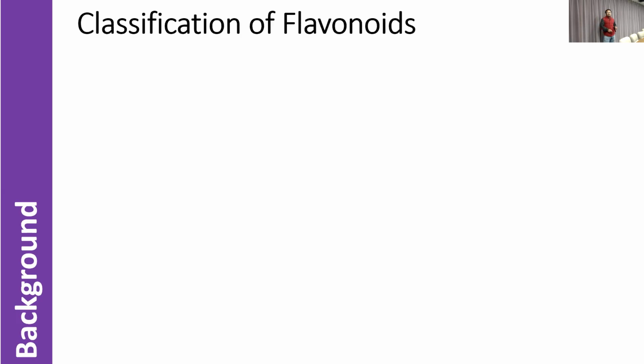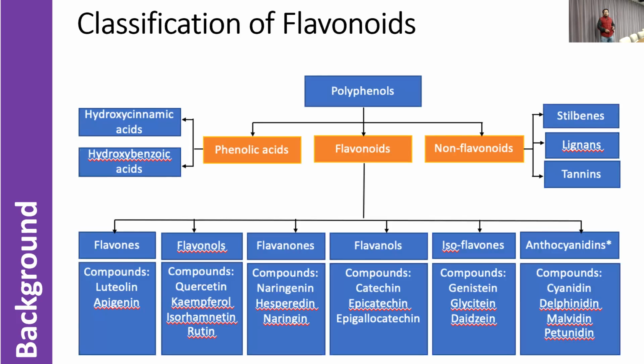Before going to the classification of flavonoids, I would like to start with the polyphenols. The polyphenols are divided into three classes: phenolic acids, flavonoids, and non-flavonoids. Within these three classes, we are just going to concentrate on the flavonoids.